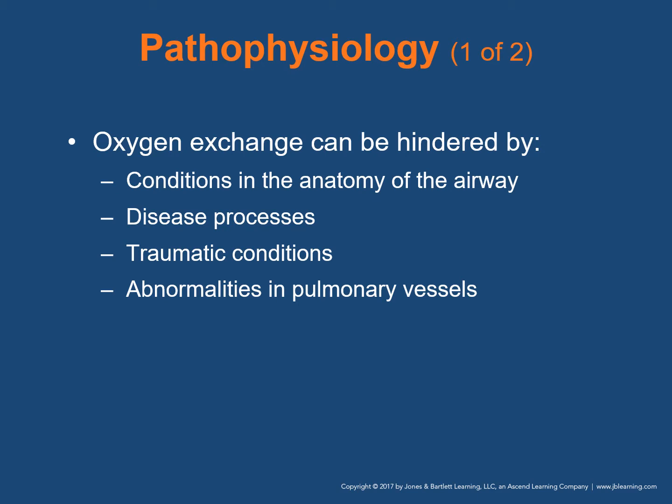Traumatic conditions, like getting hit in the chest with something and breaking some ribs, can cause damage to the lung itself, the tissue, the parenchyma. Rib fractures cause a lot of pain when you breathe, so we tend to breathe very shallow, which doesn't help our breathing process at all. And then there can be damage or problems with the pulmonary vessels themselves that transport oxygen back and forth from the heart and to the heart.